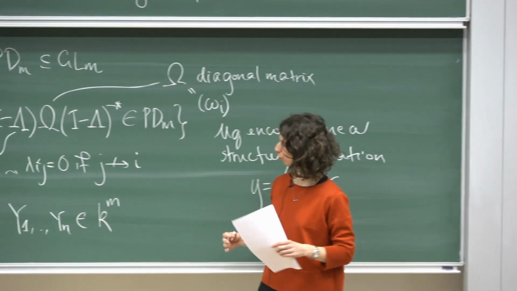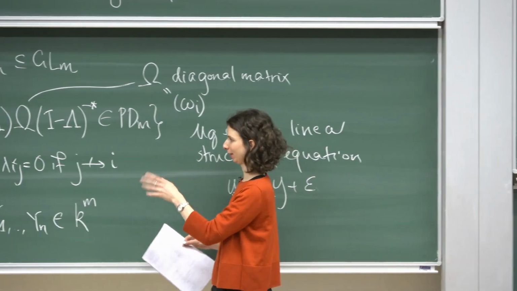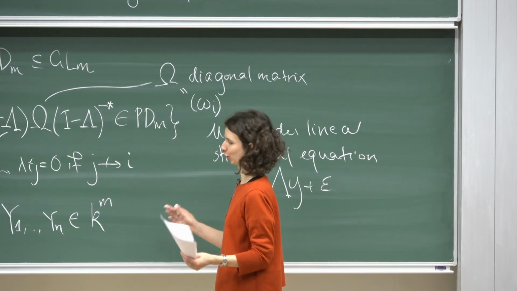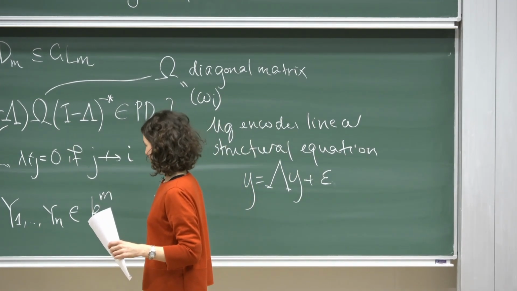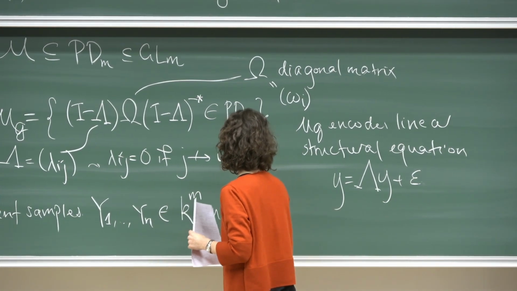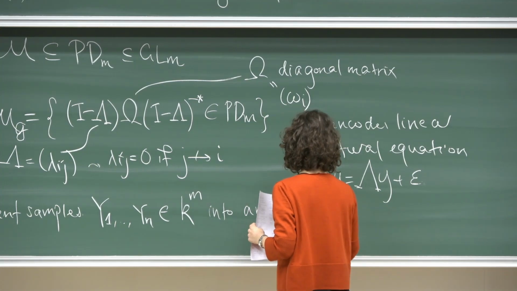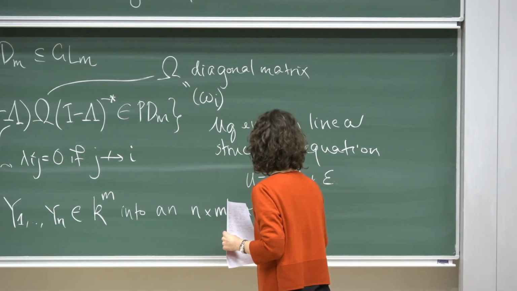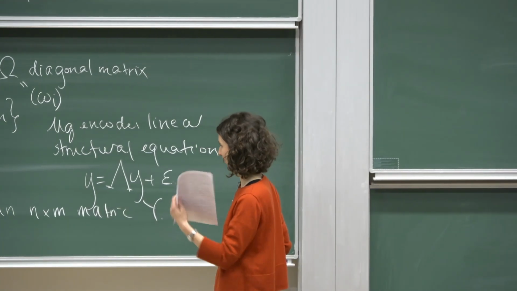For this whole talk, k can be either R or C, so everything that we say has a version over R and a version over C. We collect independent samples like this into an n by m matrix Y just by putting the vectors next to each other.